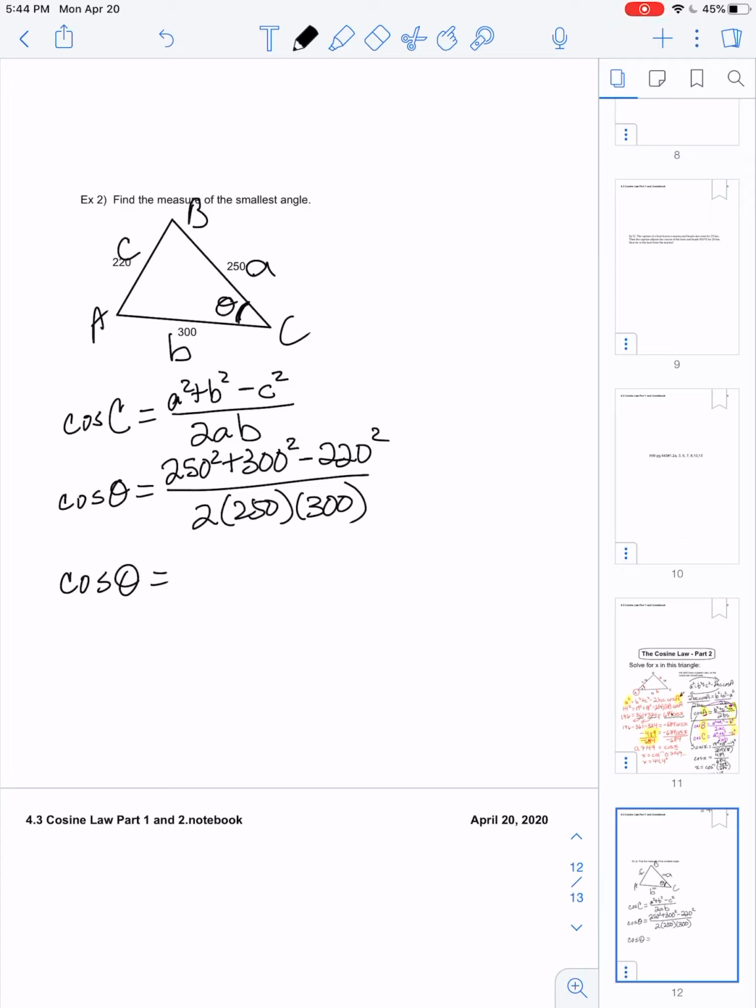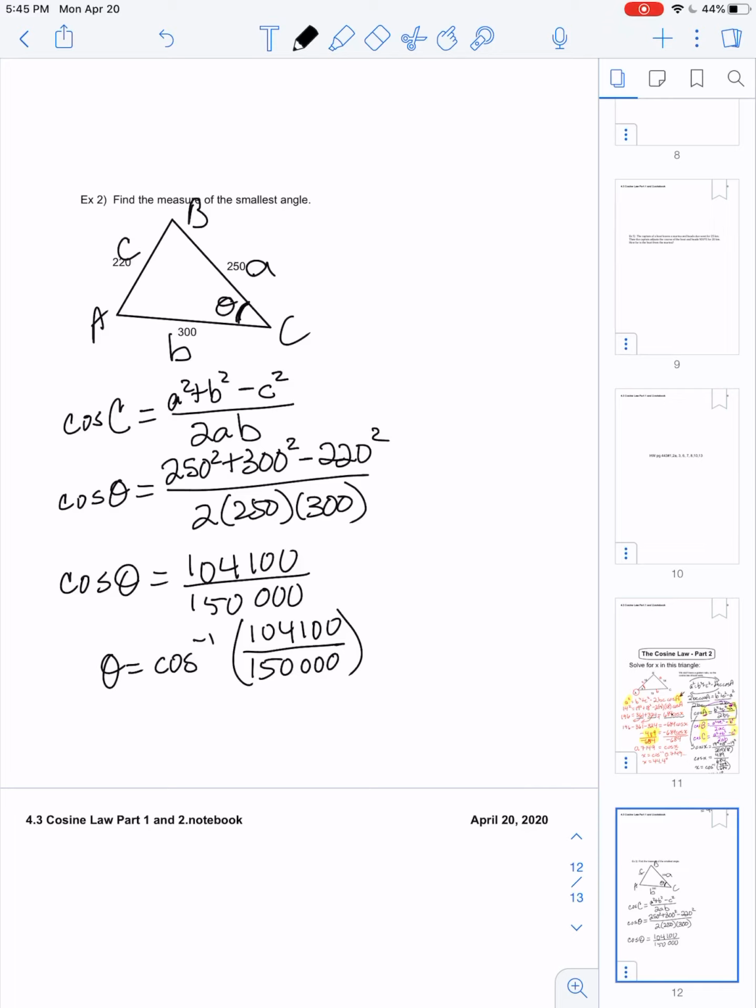So 250 squared plus 300 squared minus 220 squared is 104,100 divided by 2 times 250 times 300, which is 150,000. So theta is going to equal cos inverse of 104,100 divided by 150,000.